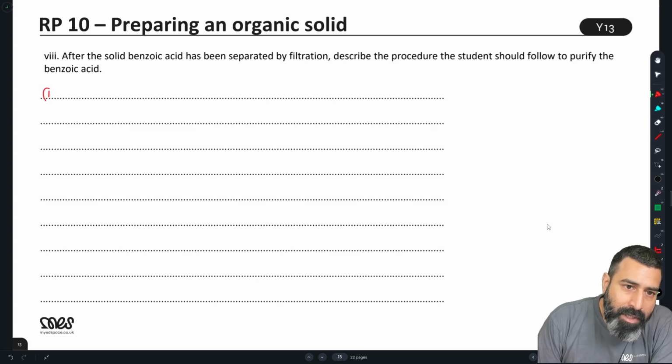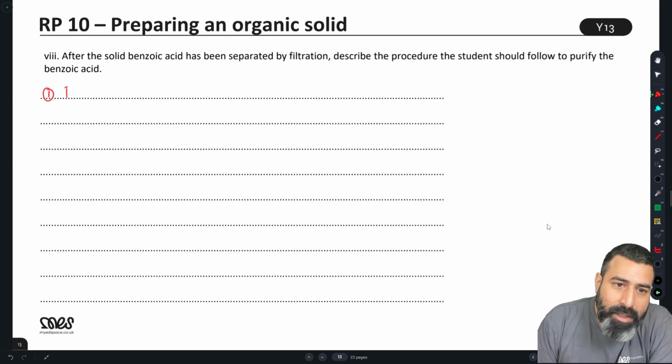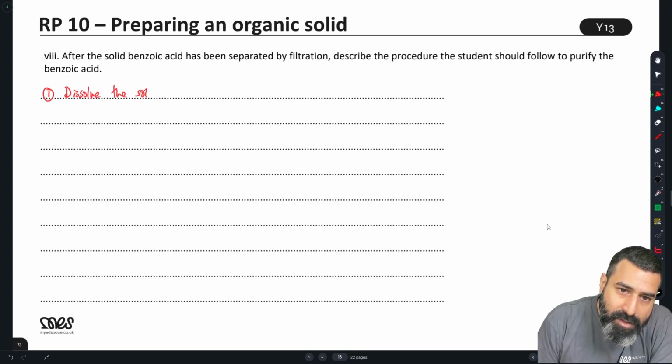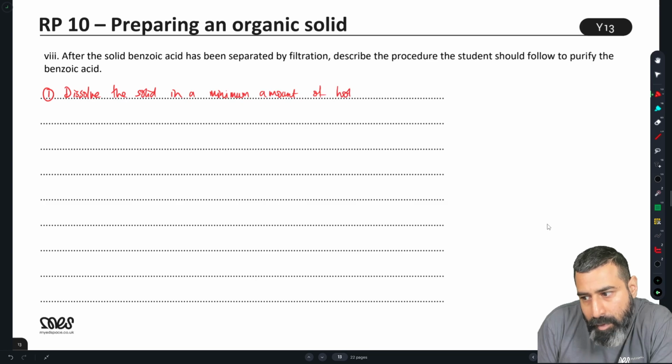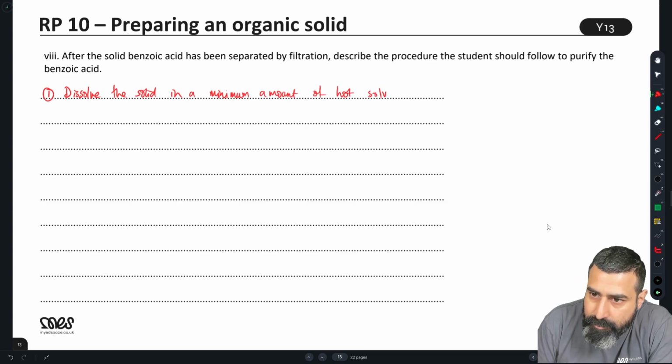So when we're recrystallizing, the first thing we need to do is dissolve the solid in a minimum amount of hot solvent.